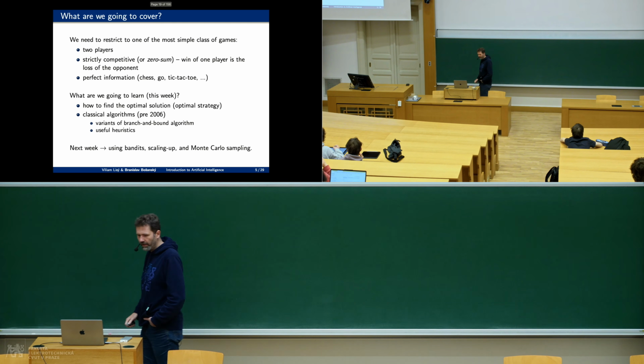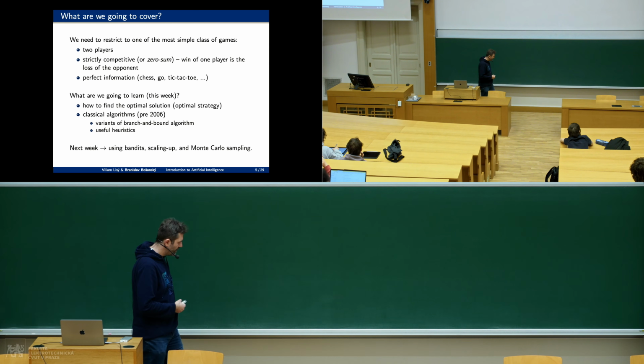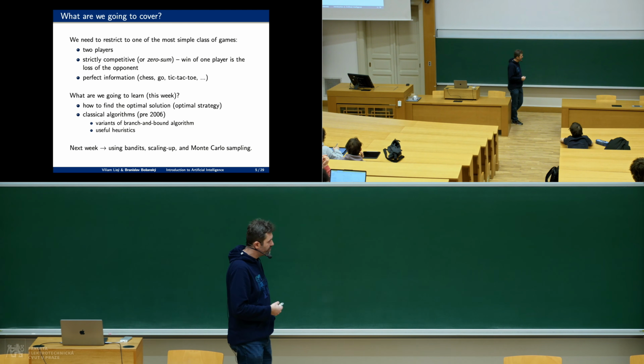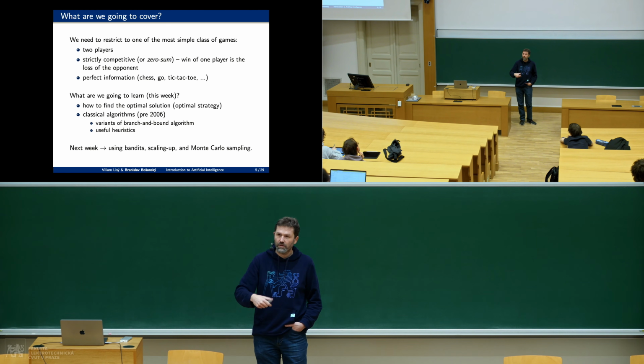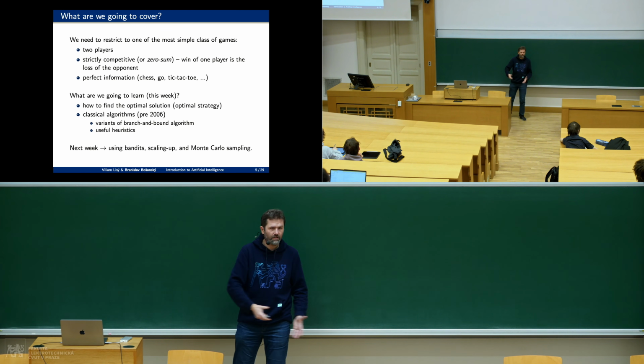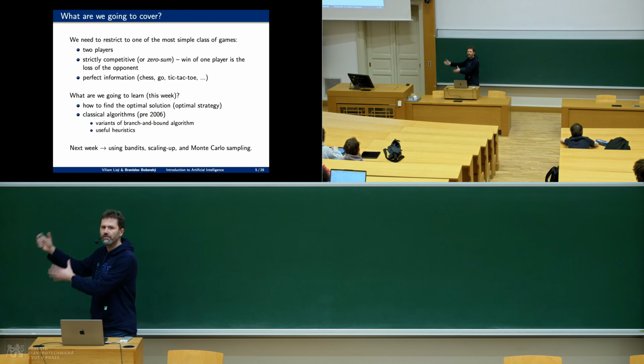And then next week, William will cover how to use bandits. So the material you learned in the reinforcement learning part of this course, how to incorporate that into games. What does it mean if we take a bandit algorithm, for example UCT, and what that means for games, right?